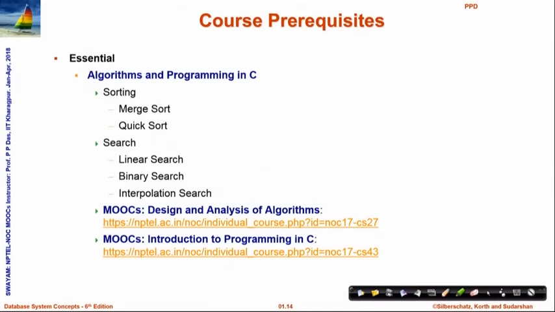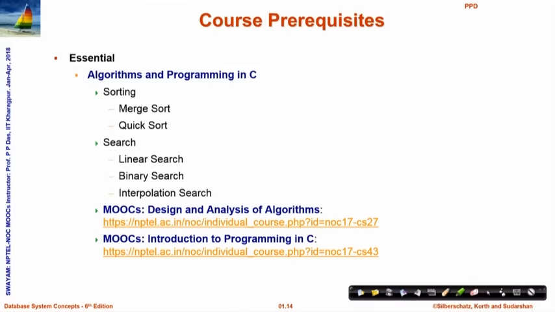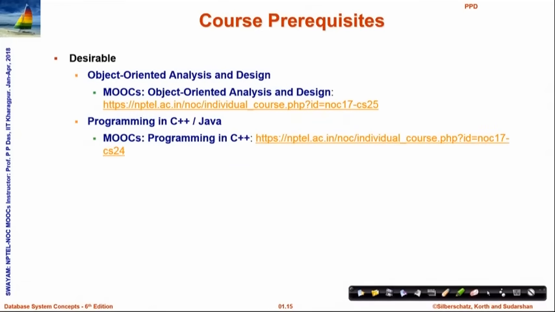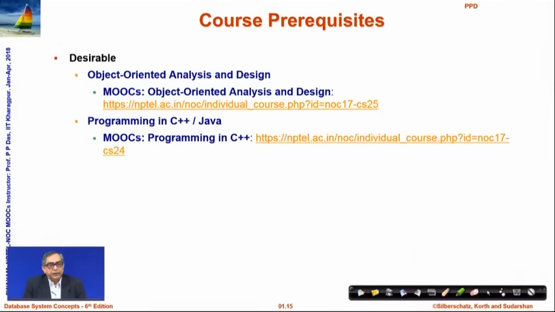Again, the same MOOCs courses would be of your help, and it will be good to have familiarity with programming in C, because several of the applications need some high level application programming to be performed, and we would assume that those aspects we describe in C, because that is the fundamental and most commonly known language.